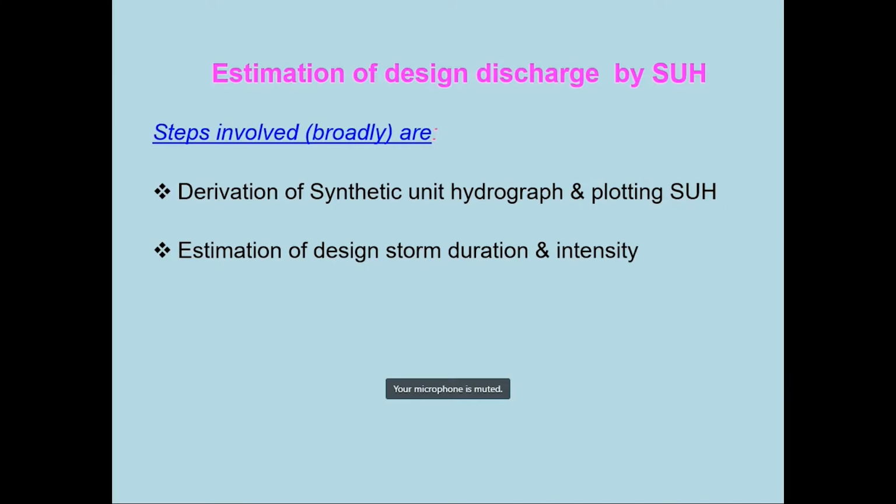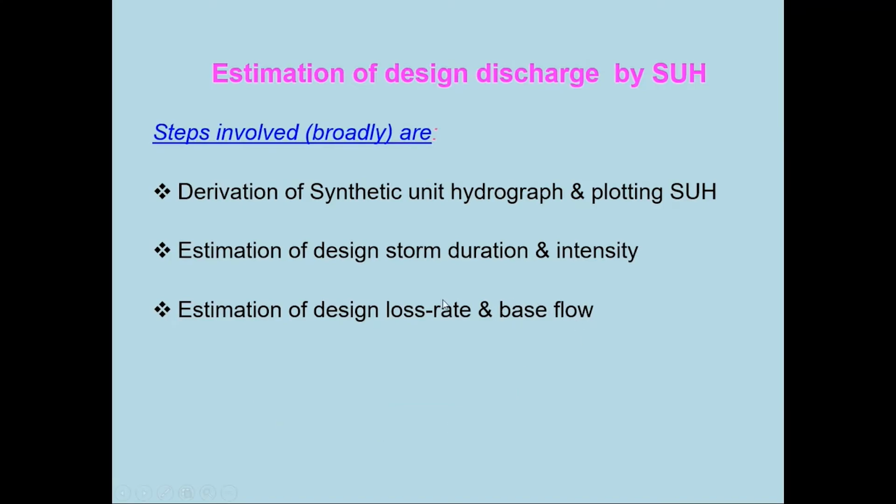So the steps generally involved are, first, draw the synthetic unit hydrograph, then estimation of design storm duration and intensity. It is done by some empirical formula. Then estimation of design loss rate and base flow.